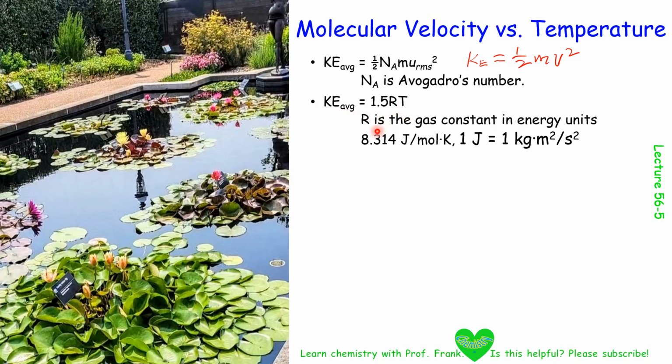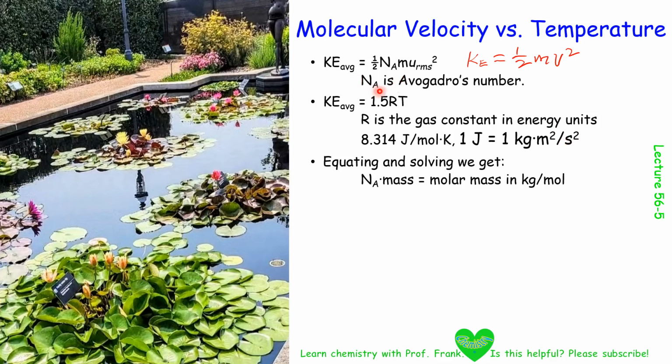RT. R again is a constant, but please note in here, the constant for R is not the one we used previously. So this is 8.3 joules over mole and K. 1 joule is defined as 1 kilogram times meter squared over second squared.